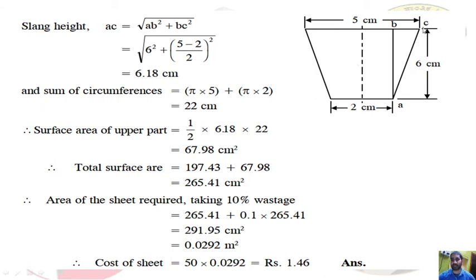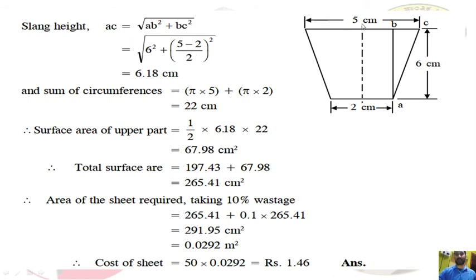The slant height here is AC. Again it is 5 minus 2, that is 3, divided by 2 is 1.5. So 6 square plus 1.5 square, the square root is 6.18, the length of the AC hypotenuse. So this is the slant height.